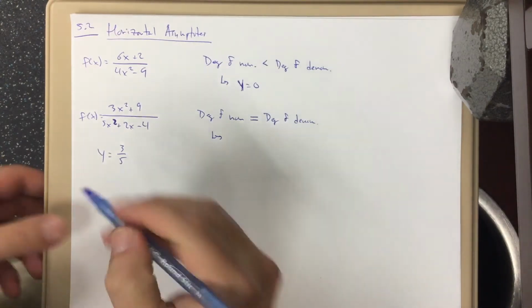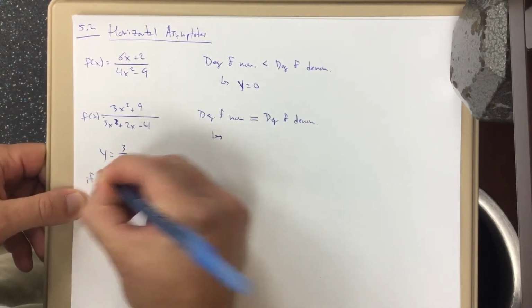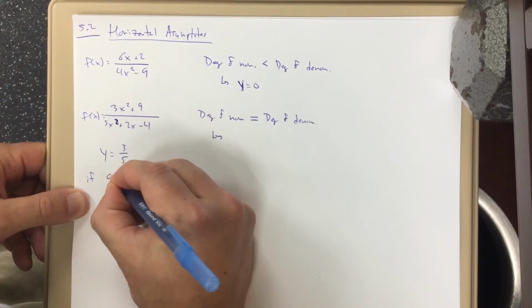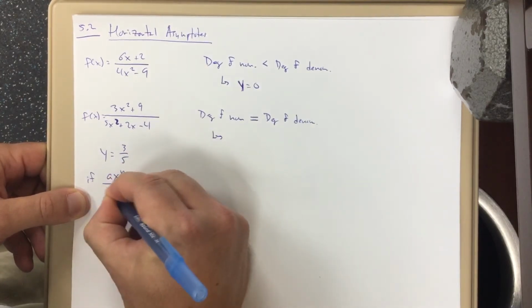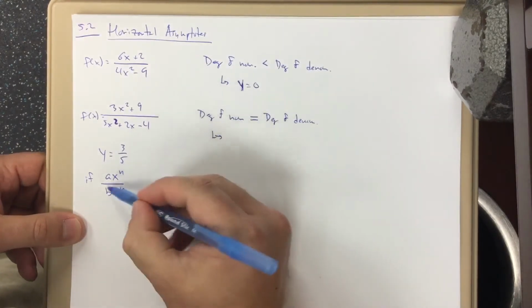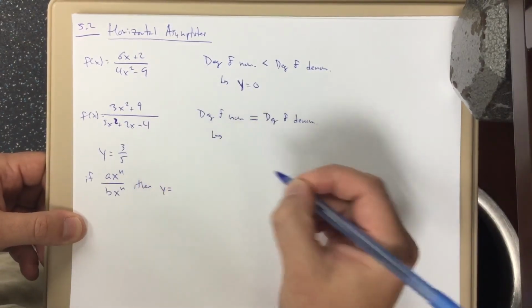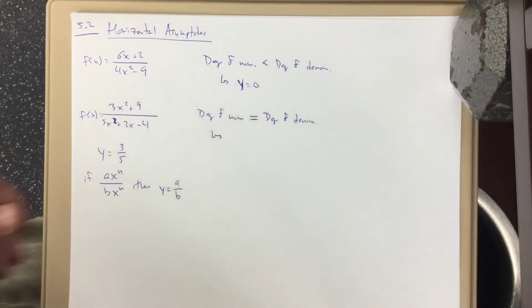The way the book says it is: if you have ax to the n over bx to the n, so the same degree, and these are our leading coefficients, then you have a horizontal asymptote at a over b.